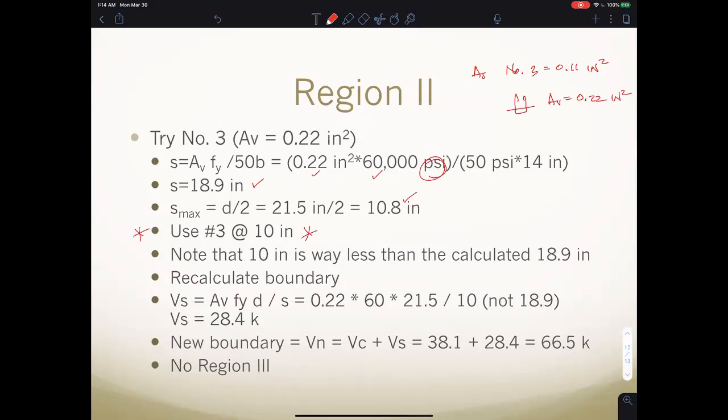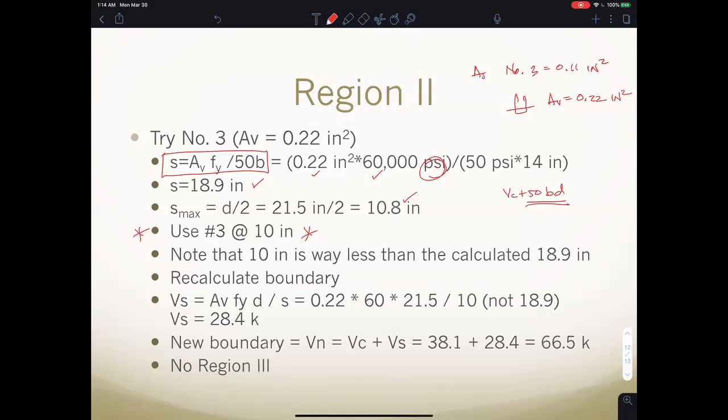Okay, this equation here is based on the AV minimum, and that AV minimum is how we ended up with, if you remember the derivation, this is VC plus 50 BD.